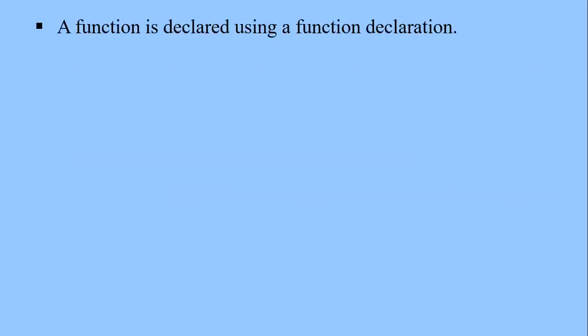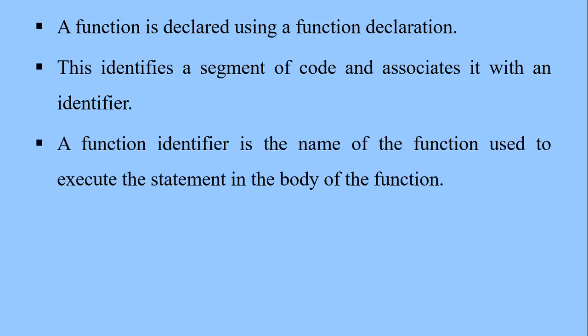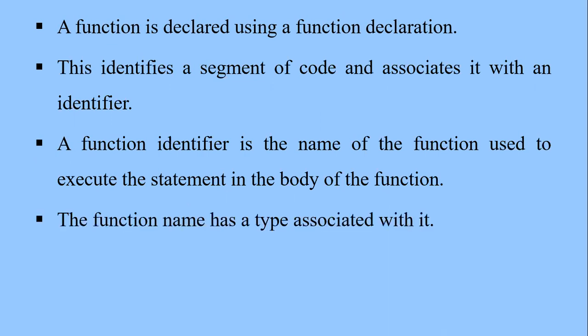A function is declared using a function declaration. This identifies a segment of code and associates it with an identifier. A function identifier is the name of the function used to execute the statement in the body of the function. The function name has a type associated with it.